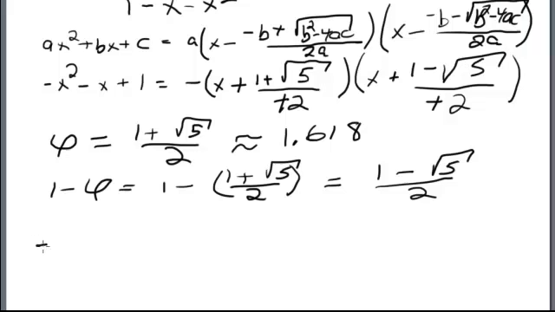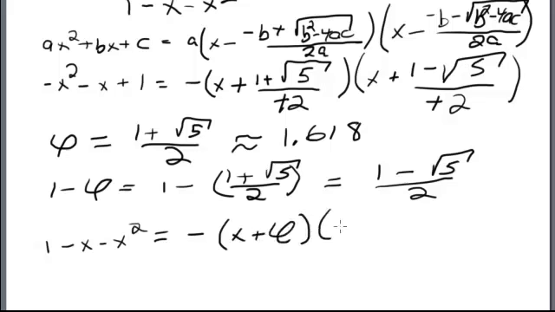So 1 minus x squared is equal to negative x plus phi times x plus 1 minus phi.